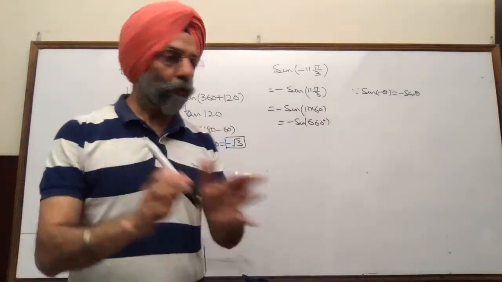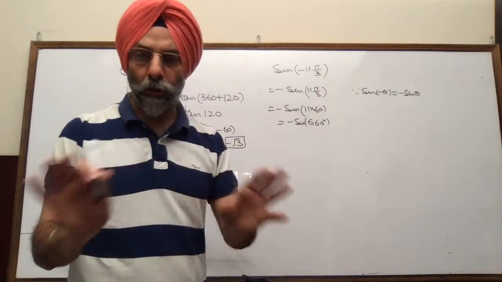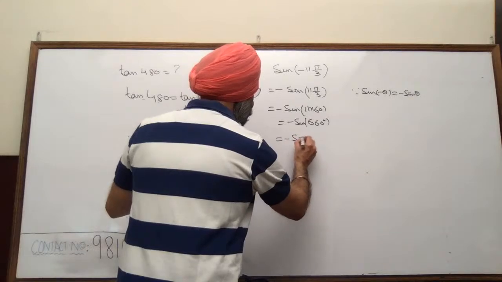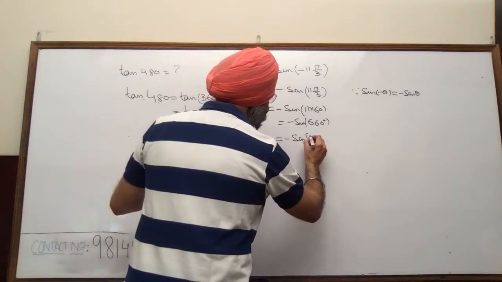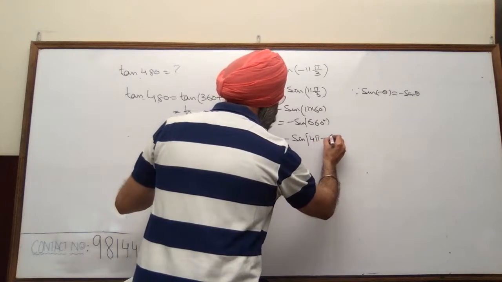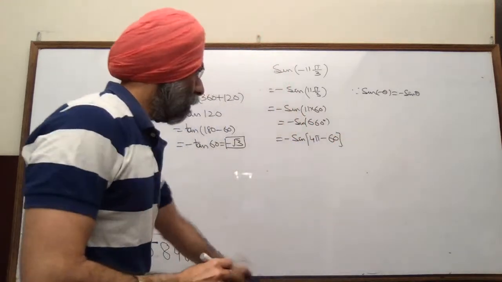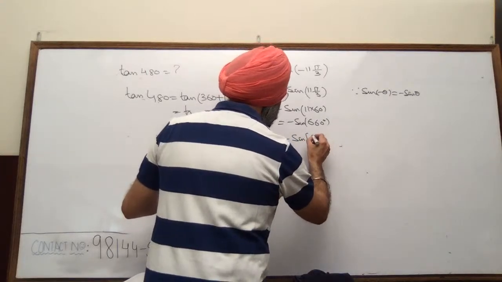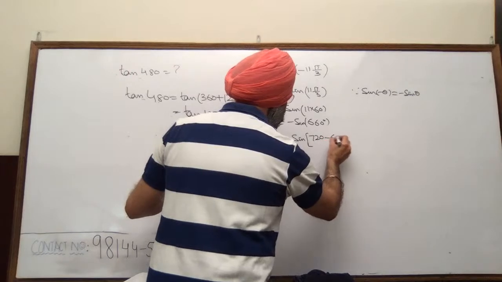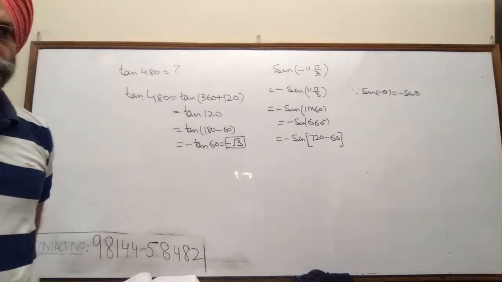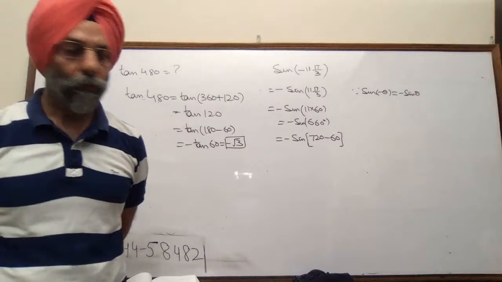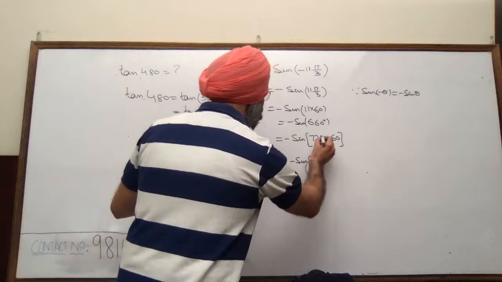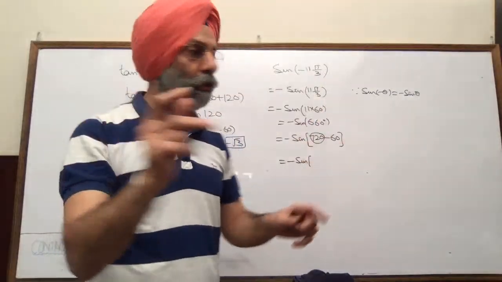So whether you continue with radians or degrees is not going to make any difference, right? Now, can I write this as minus sine of 4 pi minus 60, or if I write down minus sine of 720 minus 60. Now, this means that it is minus sine of 2 complete rotations.